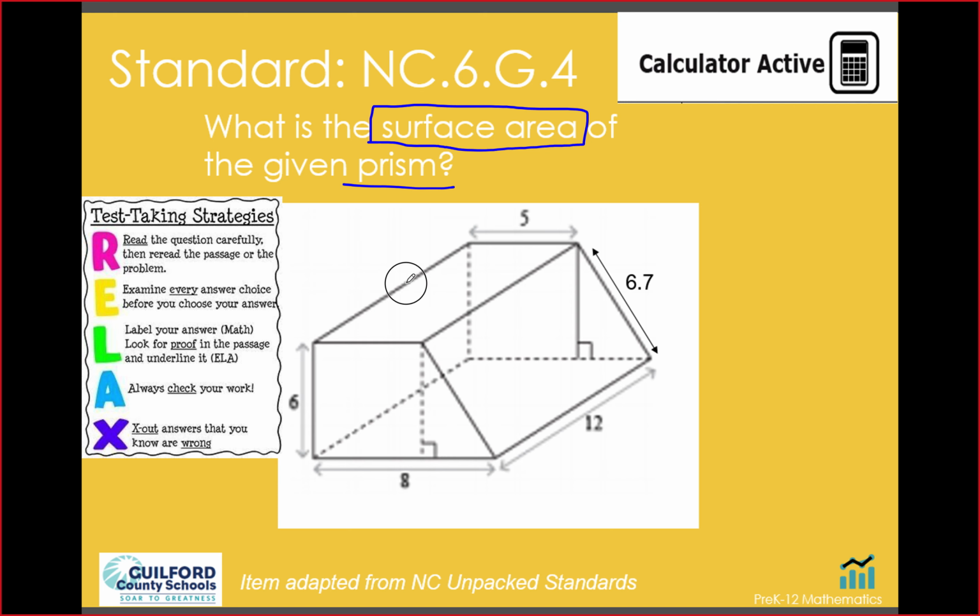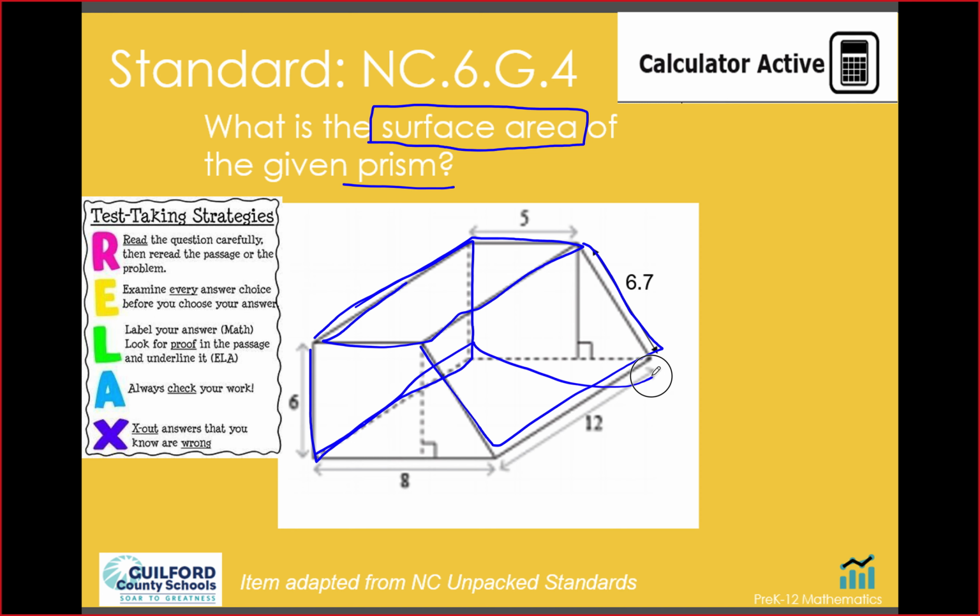I have a rectangle right here, one right here, one right here. That's a rectangle too. I always do the lateral, the sides, and I have one right here. So I have 1, 2, 3, 4 rectangles.